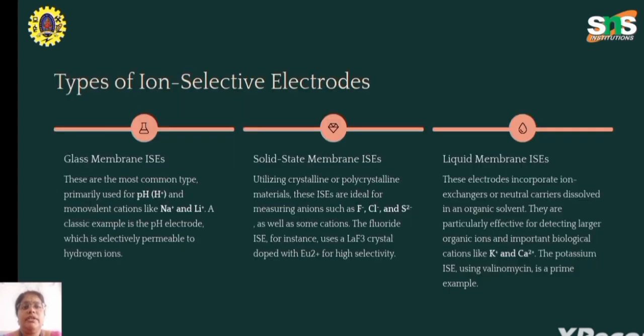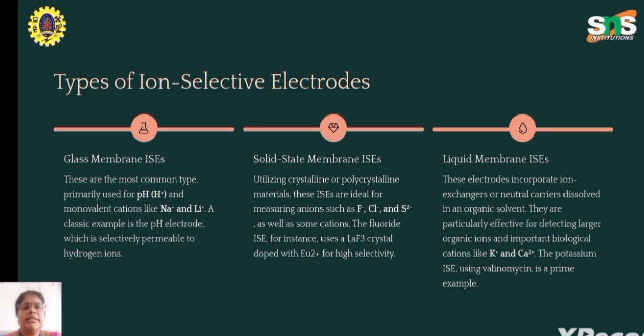There are different types of ion-selective electrodes. The very common one, which we are aware of, is the glass membrane ion-selective electrode. These are the most common type, primarily used for pH, that is H+ ions, and the monovalent cations like Na+. A classic example is the pH electrode, which is selectively permeable to the hydrogen ion.